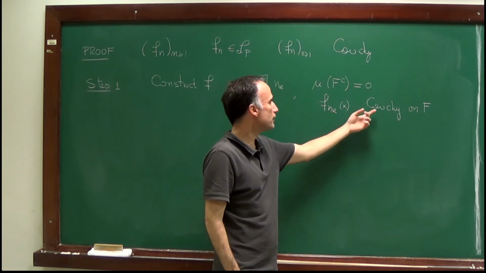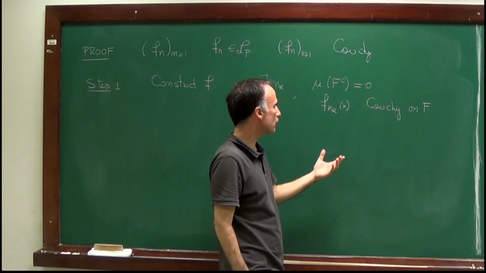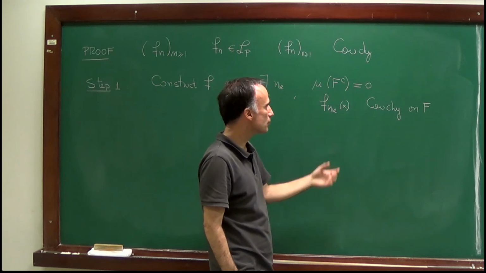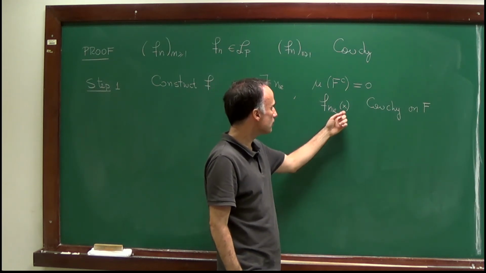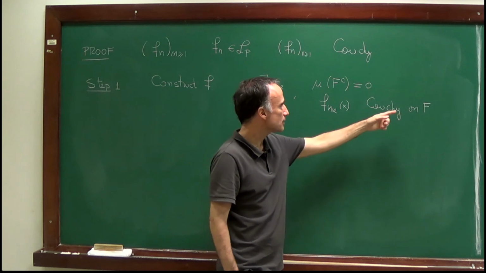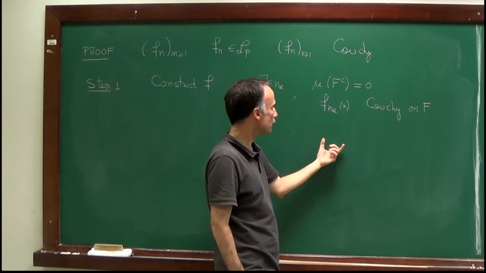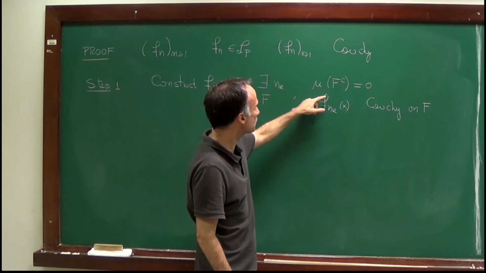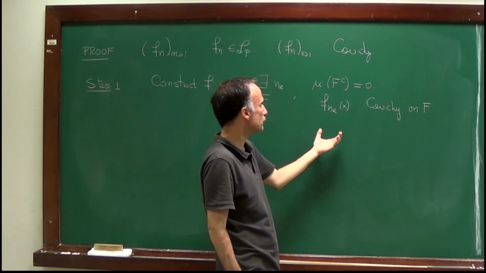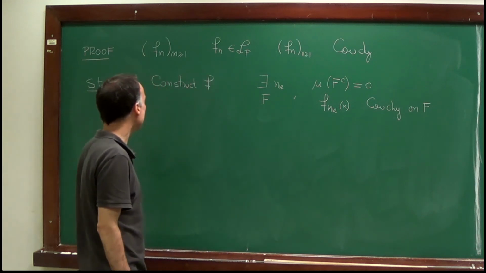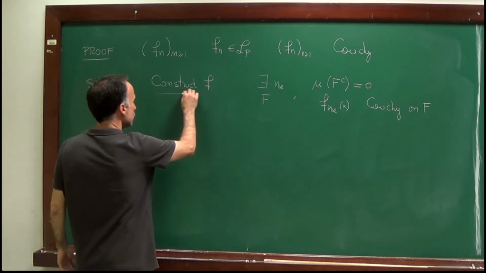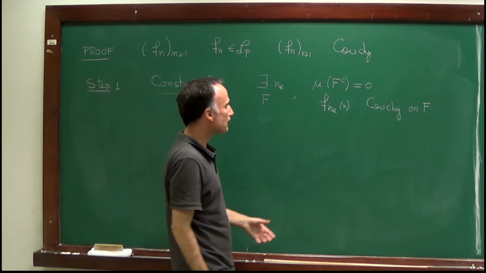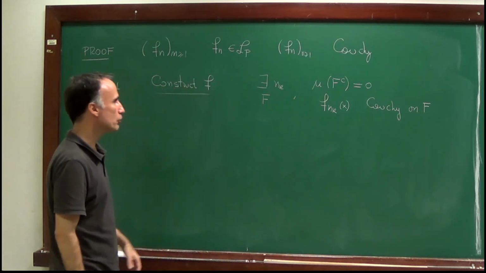Since any Cauchy sequence on R converges, we'll know that Fnk of x converges. I will represent by f of x the limit. So for any point x of F, Fnk of x converges to what we're calling f of x, and therefore this subsequence is in fact converging almost surely to a function f. So this is our first step. We want to construct this function f by using the fact that Cauchy sequences on R converge.